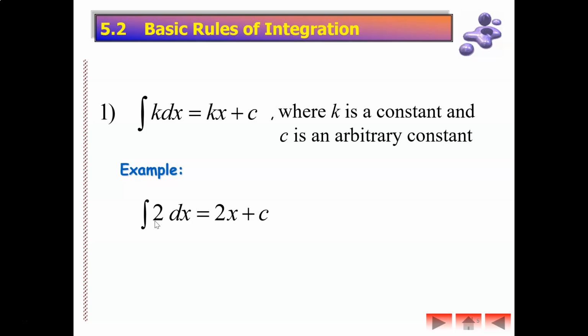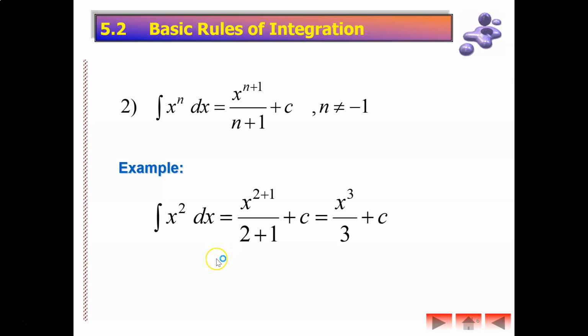It's actually kind of back to back, just reversed. So you differentiate 2x, you get 2. But now you integrate 2, you get 2x. So in integration, you just need to add the x. So this is the very basic rule for integration. Hopefully you can get it.